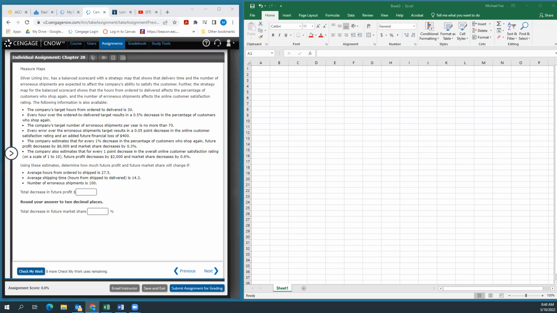And so I just want to walk through my process of working it out. What it's got going on here is different things lead to different things, which lead to different things. So what I had to do is start from the end and work back. In other words, what they really want us to figure out is the total decrease in future profit and the total decrease in future market share.